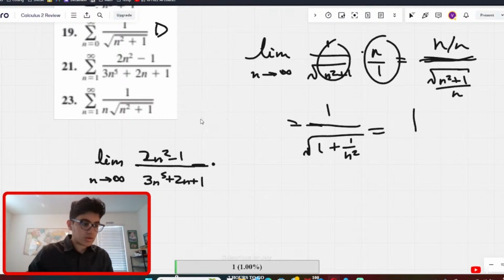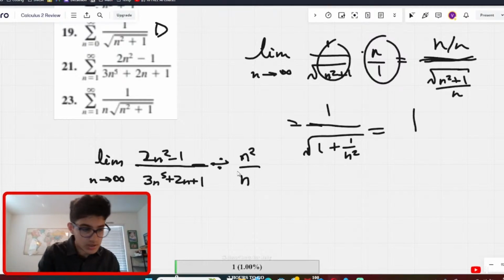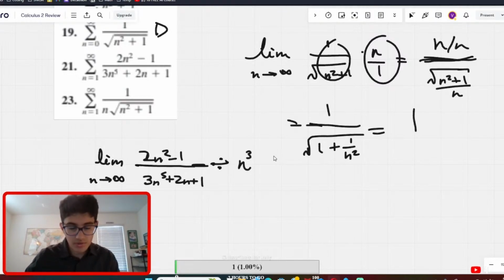Let's show our steps here. We'll divide it by n squared over n to the fifth, or we'll just divide it by n cubed, right? Divided by 1 over n cubed. So this is the thing that we're comparing it to. We know by the P series test this converges.